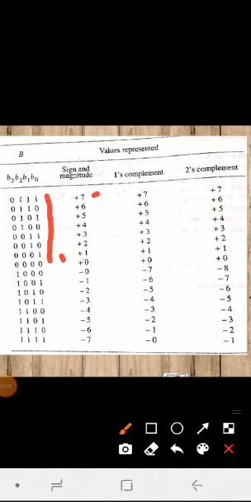You can see plus 7, plus 7, plus 7, plus 6, plus 6, plus 6 till 0. Representing the positive number in all three methods is the same, whereas the difference comes when we represent the number in its negative form. If you have a number and want to represent it in negative form, in sign and magnitude, just change its MSB.